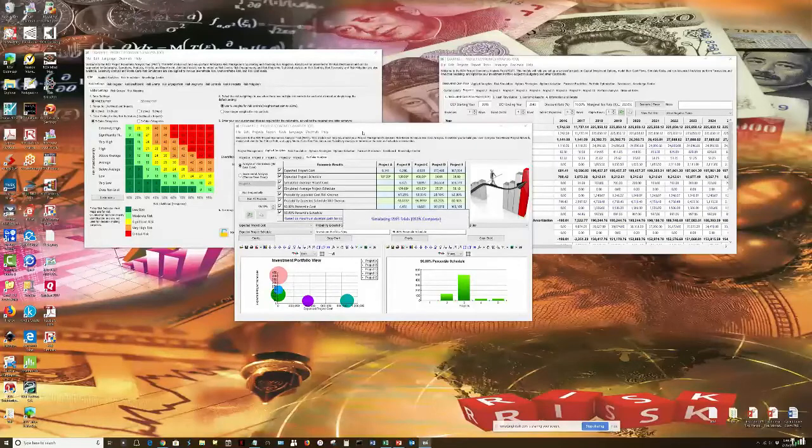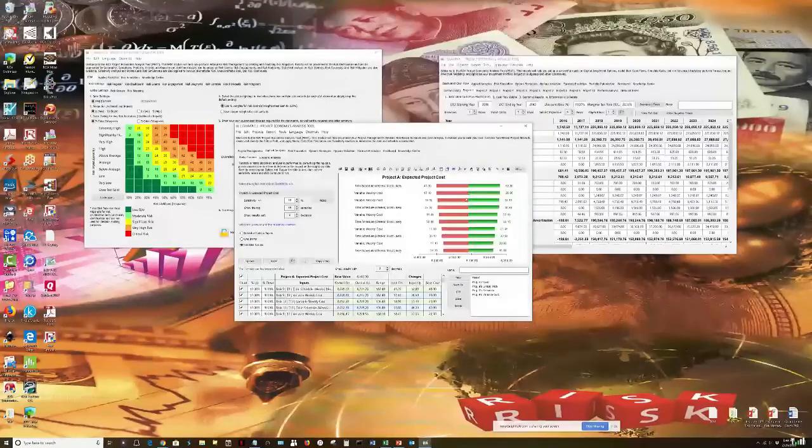So here I just ran something relatively quickly, and let's get the results. There we go. And you can actually see the tornado analysis on here, which is, again, the bang for the buck. You can see which of these inputs, is it task 5, is it task 6, is it task 7, that actually kills you? Is it task 9 or task 13 that actually has that issue for you?